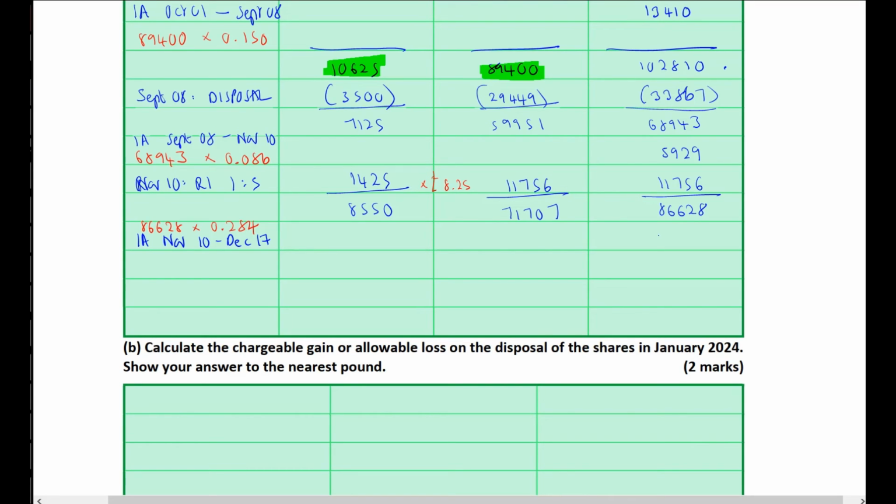If it only gives you the right ones, then there's a better chance you're going to get them right through luck rather than through judgment. So my pool is now completely up to date, and I can deal with my last transaction, which was the disposal.